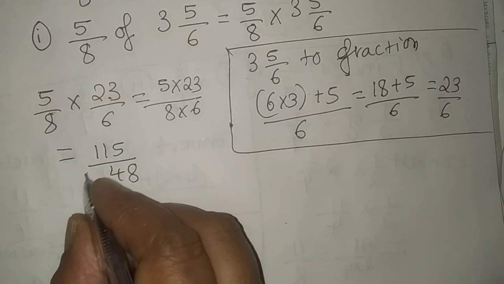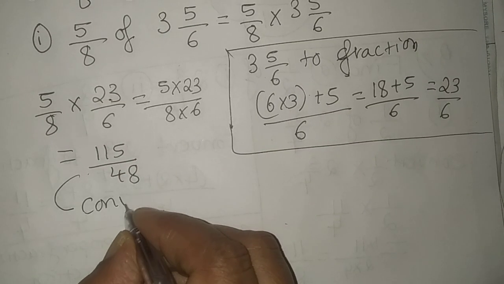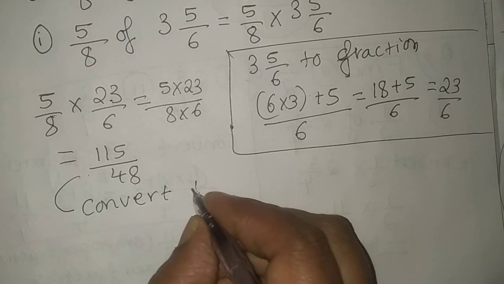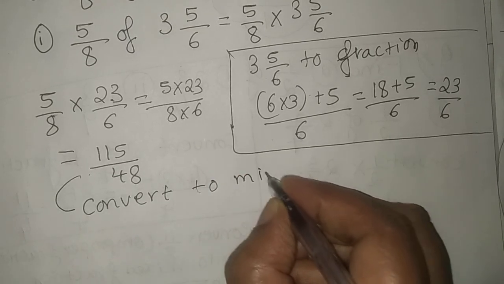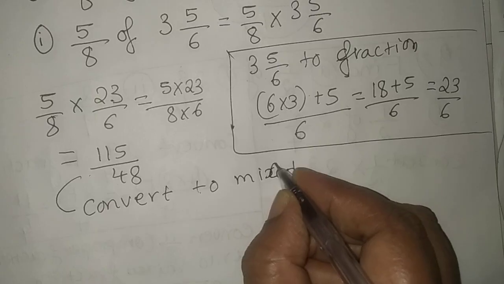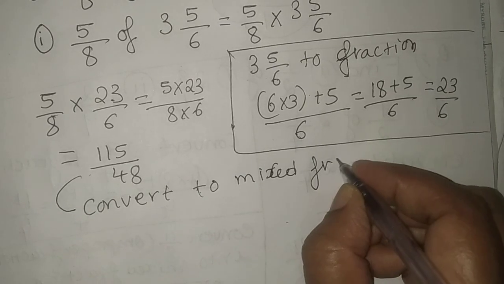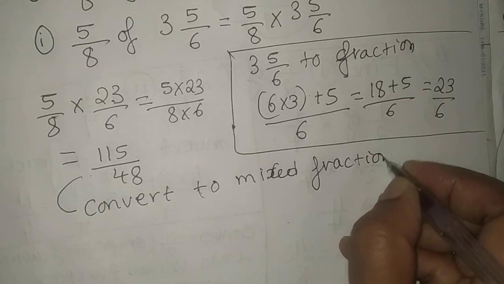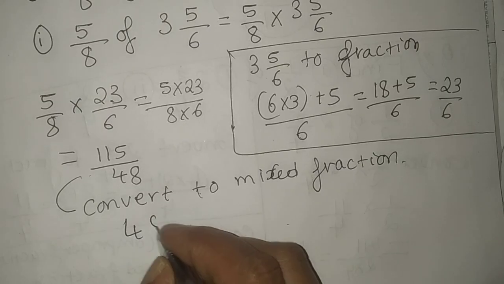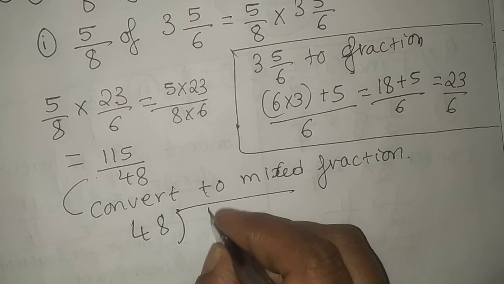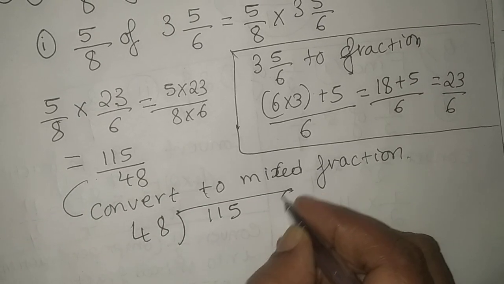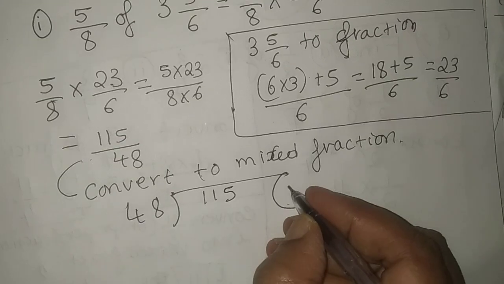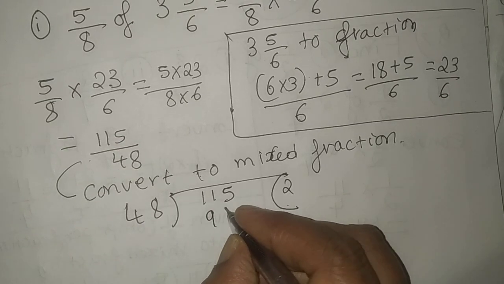Therefore now convert to a mixed fraction. Then 48 divided into 115. Therefore 48 2s we get 96.